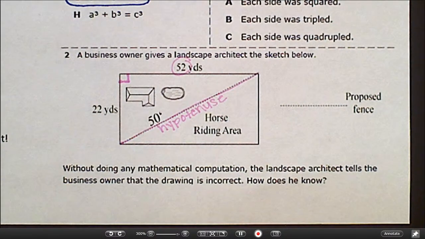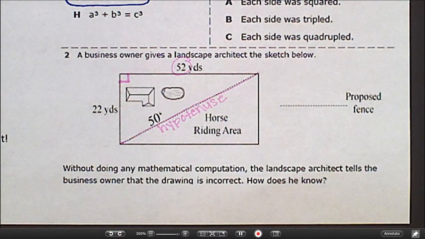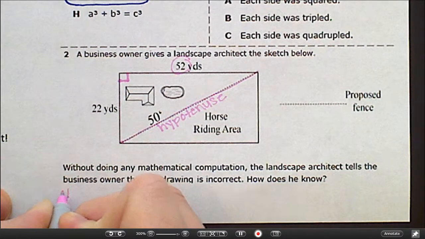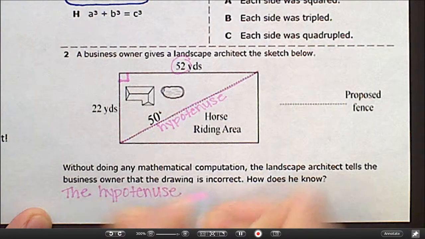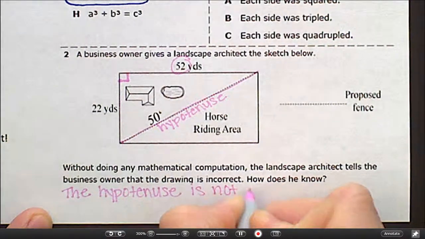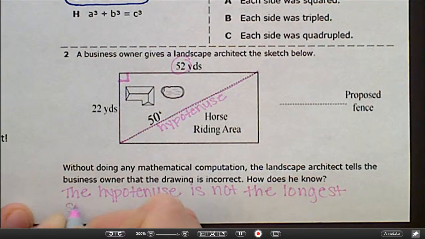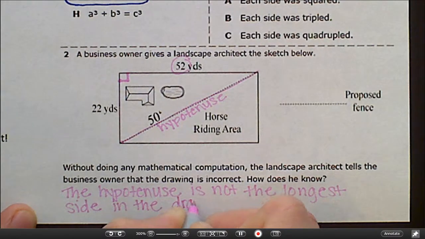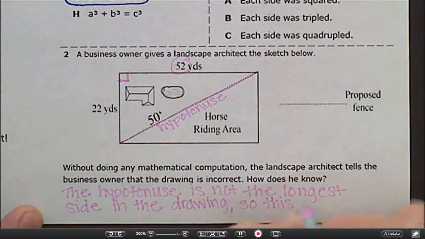Actually, looks like they called that 50 feet, but surely they meant yards. So I would say the hypotenuse is not the longest side in the drawing, which means that this is not a right angle, or not a right triangle. So this is not a right triangle.